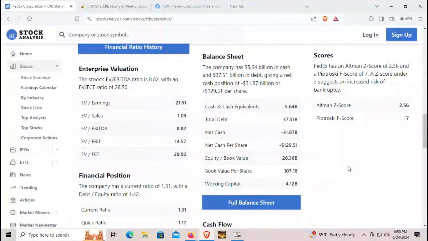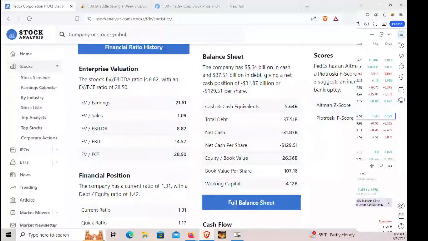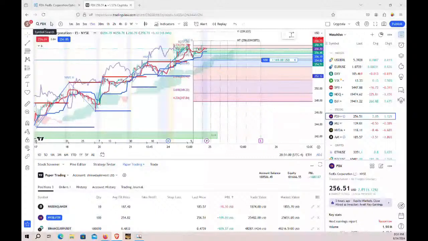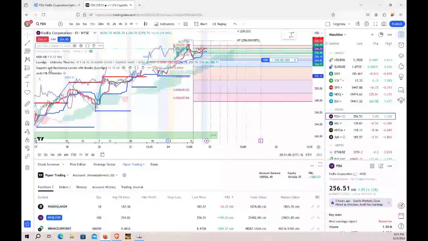So okay, let's go now to the last web page that I'm using, which is TradingView. On TradingView I have open six indicators right here.